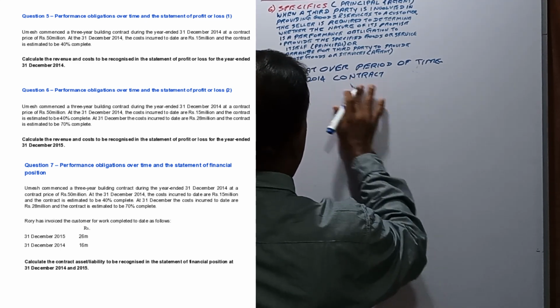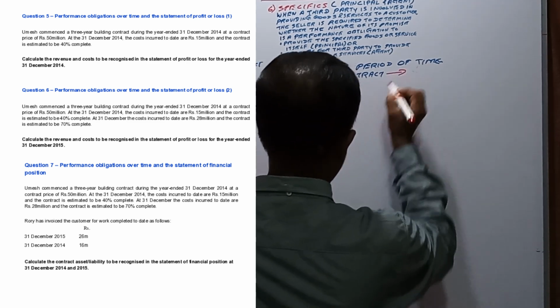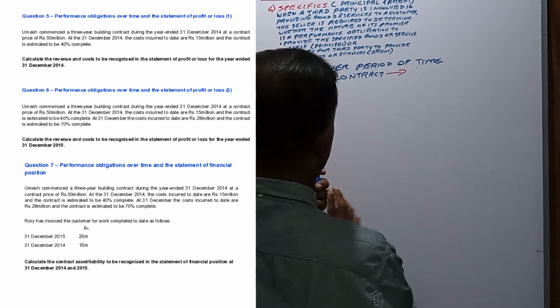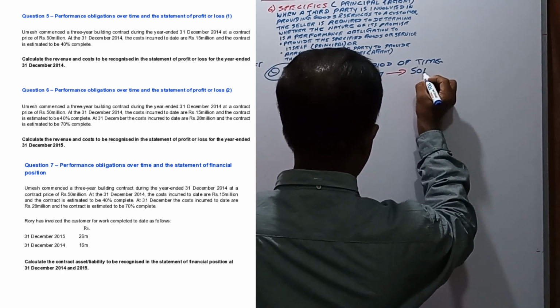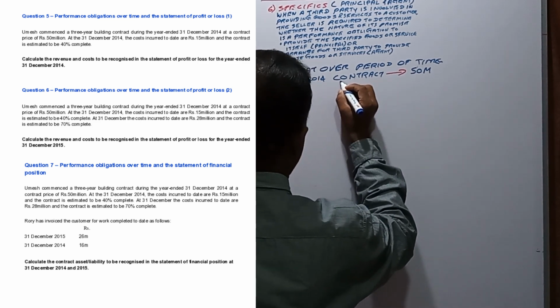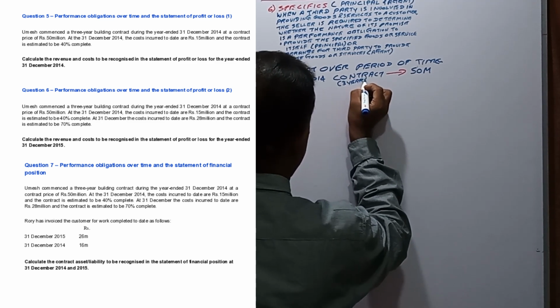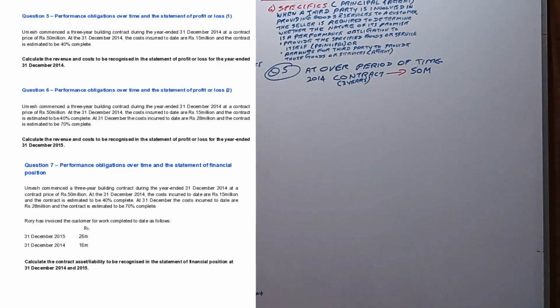The contract price is 50 million. Umesh entered a 3-year contract. 50 million, right?